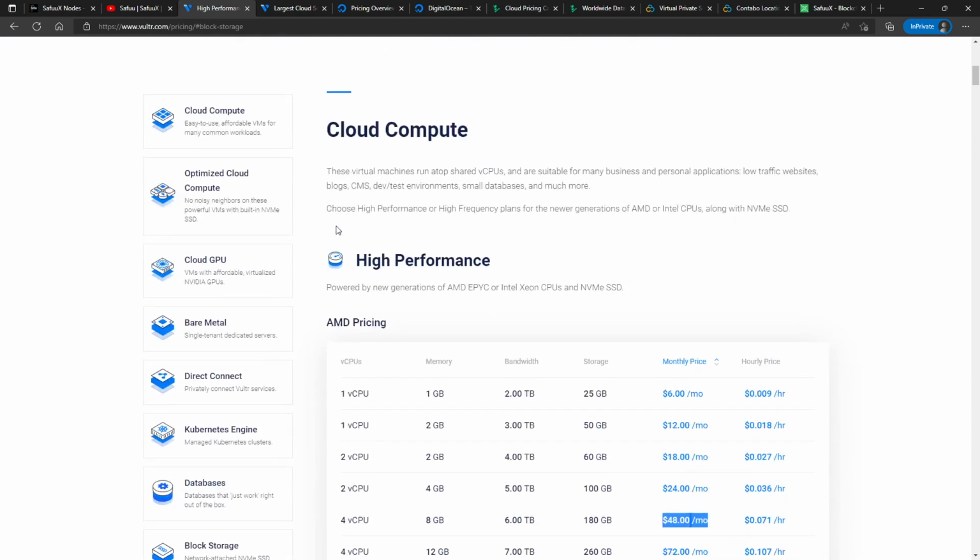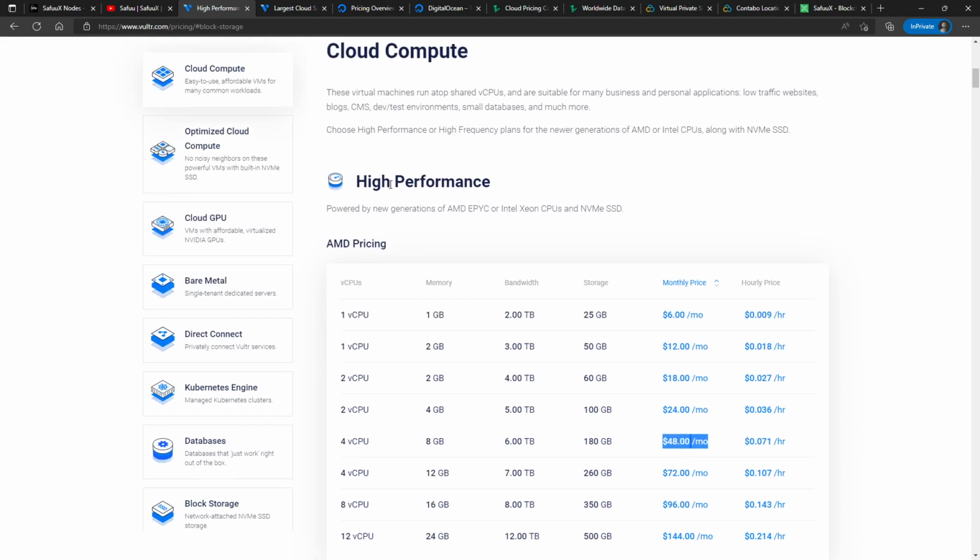If we scroll down here, you can see that cloud compute is what we want for our VPS. I looked through all the different cloud compute options, and high performance is where I believe we are for running a node on a blockchain.